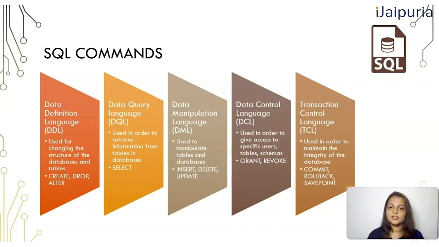In such cases, if half of the data was passed on to the database and half of it was not passed, I have to roll back the transaction. So in that case, I have to bring everything back to where it was originally. That is where savepoint comes in. And we have commit. So these are the different keywords that are used as commands in my SQL language.